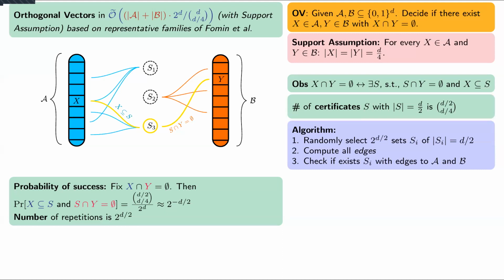And recall that we have randomly selected 2 to the d-half sets, and the number of repetitions is 2 to the d-half. So the algorithm is correct with high probability. Okay, any questions about the correctness of this algorithm?